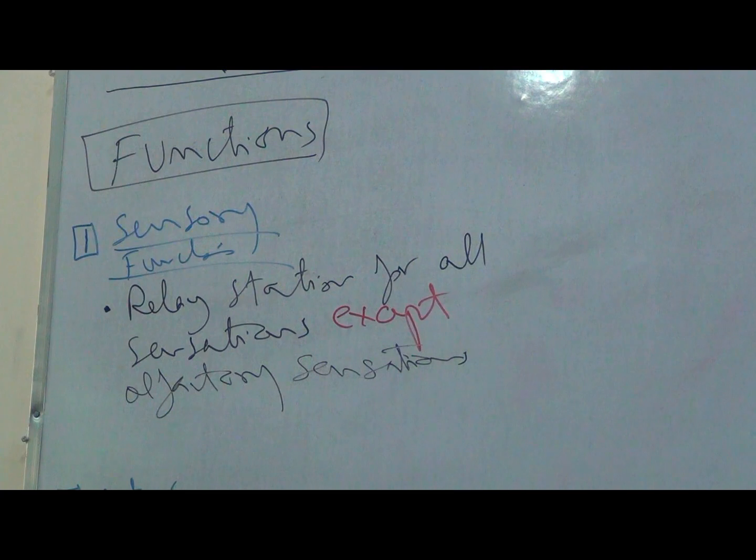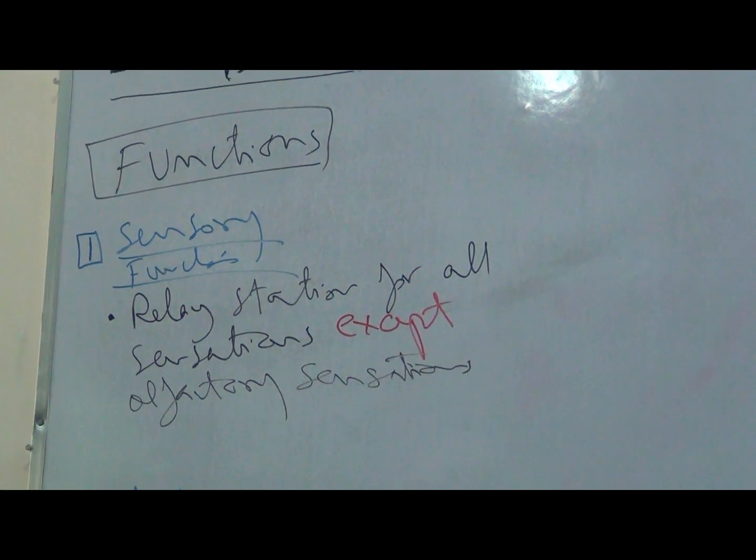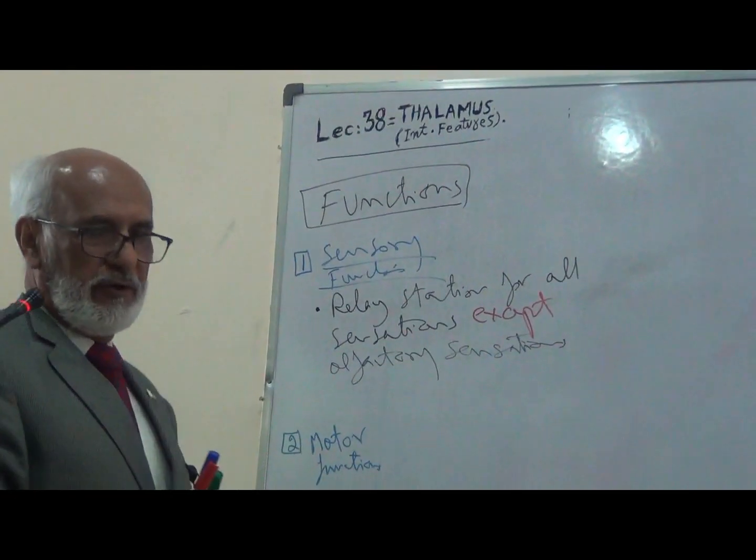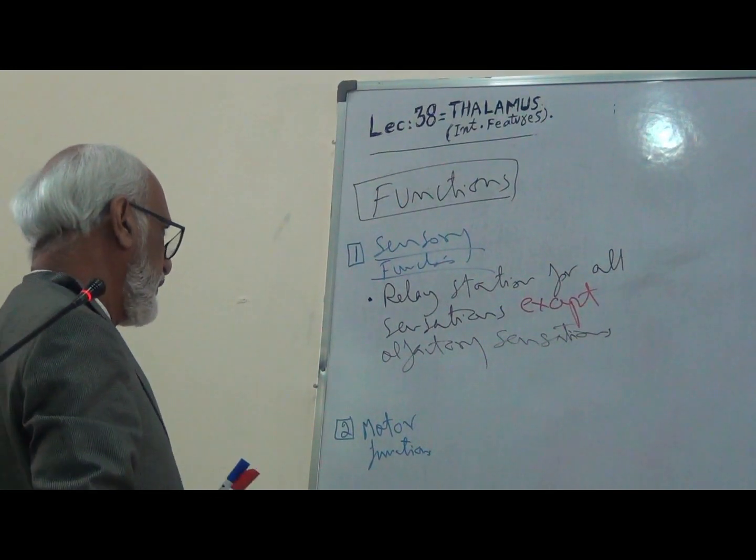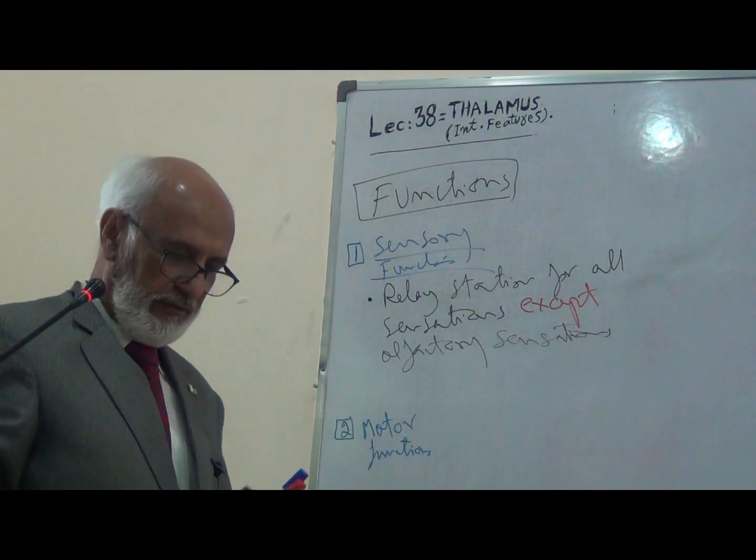All sensations coming from the periphery are first relayed in the thalamus and then projected to the sensory cortex, with one exception, the olfactory sensation.